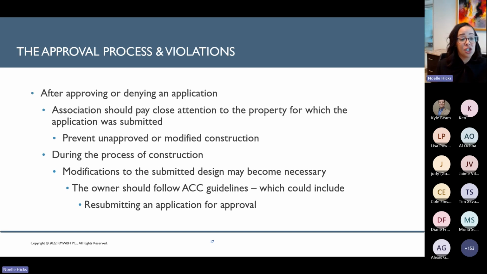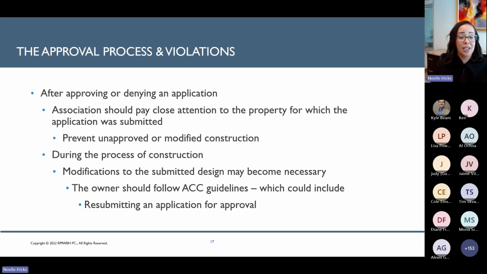Because once the construction is complete or substantially complete, it's very, very difficult to convince a judge or a jury to require the owner to undo or remove the construction due to equitable concerns. In other words, it would cost the homeowner twice as much money to have built that kitchen and to now have to tear it down because the association maybe didn't take the precautions that it needed to at an earlier stage.